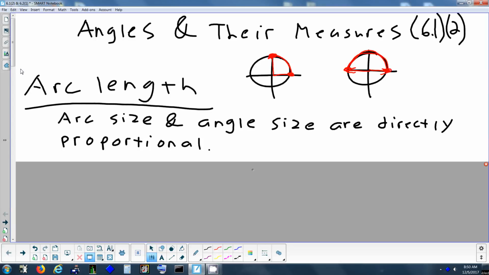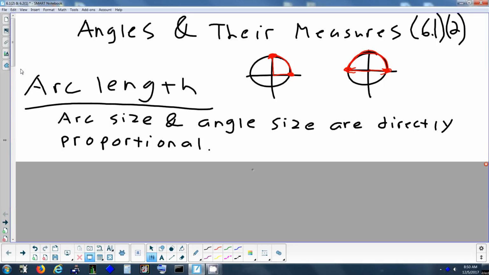That's my arc length. So by doubling the size of the angle from 90 to 180, I doubled the size of the intersected arc. Okay, so any question on that? It works the same way. If you made the angle half as big, like a 45, the arc would become half as big as a 90. Okay? So that's what it means to be directly proportional.